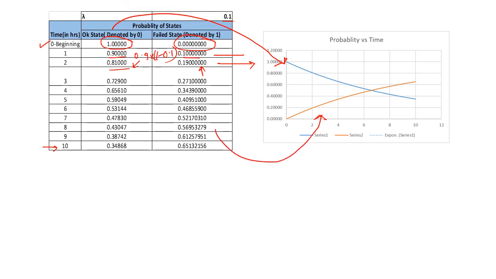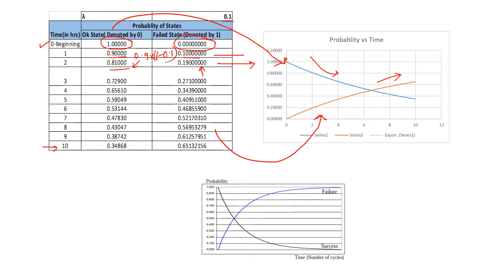As you can see, the probability of a component being in the zero state is gradually decreasing, and in the failure state it is gradually increasing. Consequently, if we go for an infinite number of iterations, the probability of being in the zero state becomes zero as time goes to infinity, and the failure probability goes up. This is because these components are non-repairable. There is no chance that components can come back from failure to the success state. That's why we get this kind of curve.